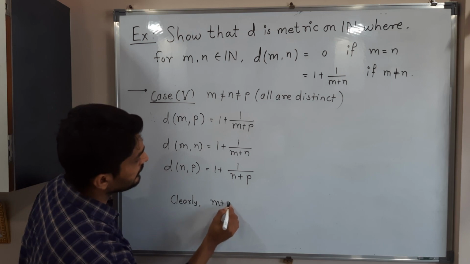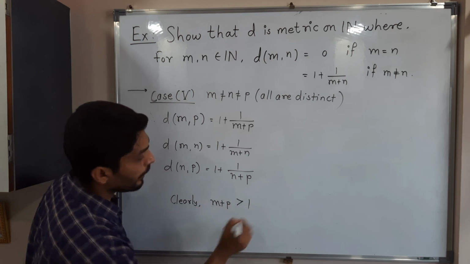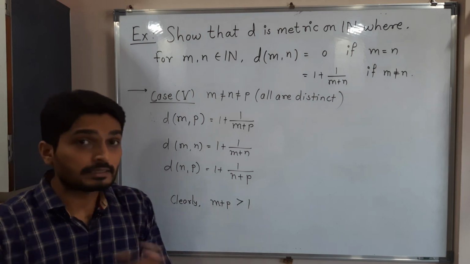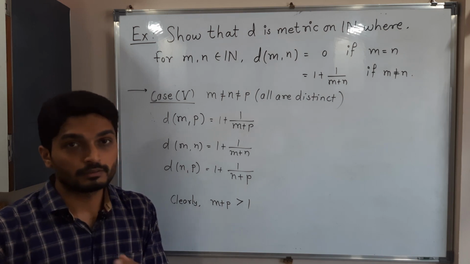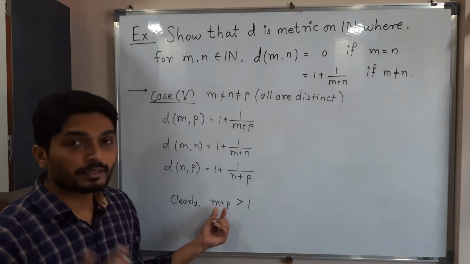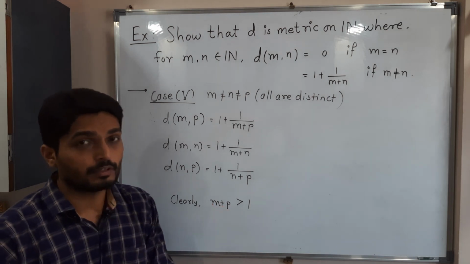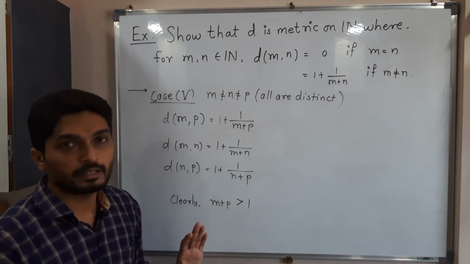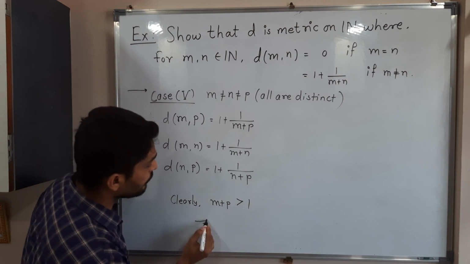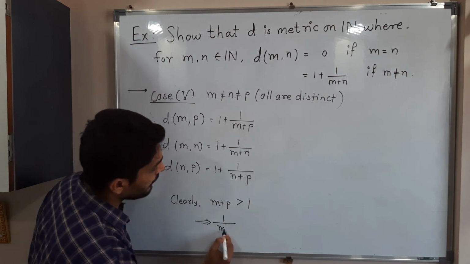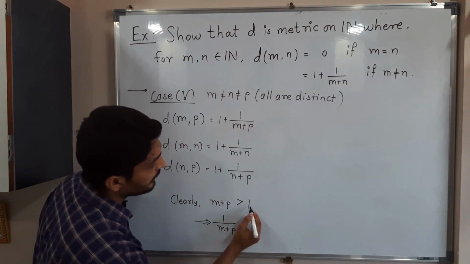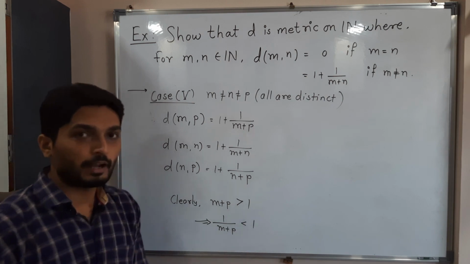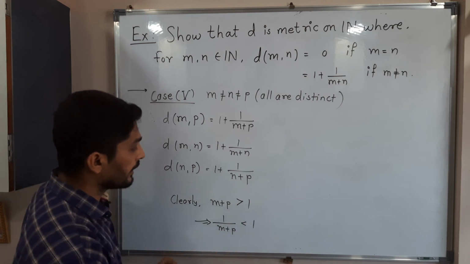Clearly I can write m plus p is greater than 1. Agree with me? Since these are natural numbers, none of them can be negative, getting? So both of them are greater than or equal to 0. If you add, at least the sum should be 2. So it is greater than 1. So if I take reciprocal, what will happen? 1 upon m plus p is less than, if you take reciprocal of 1, you will have 1.